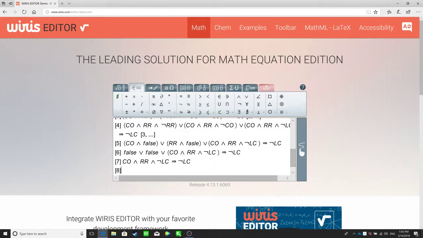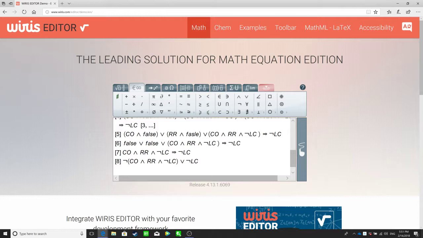So number 8, this is what we want to prove. So we replace this imply with an or, right? So this whole thing becomes, copy, paste it, we change this to or. Also, we put a negation in front of it, right?